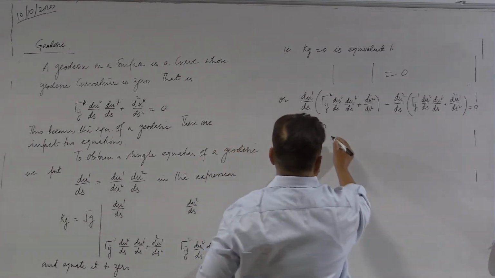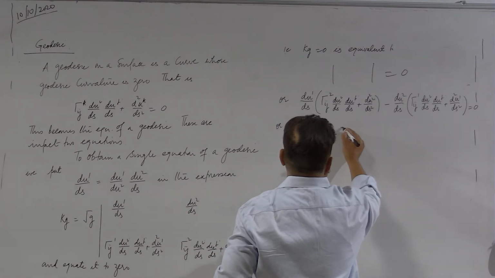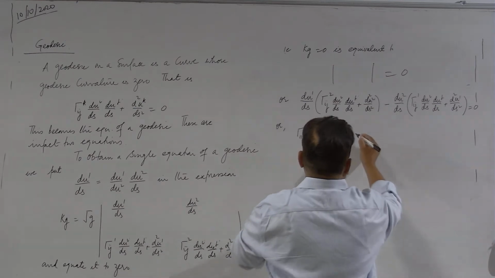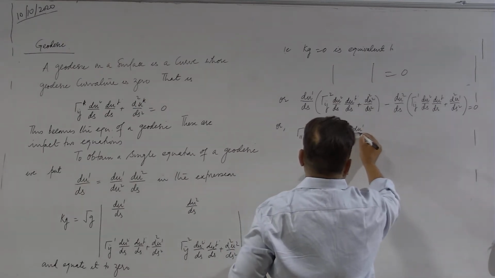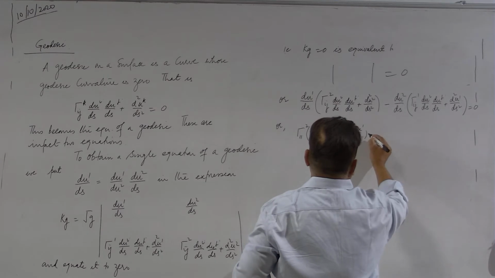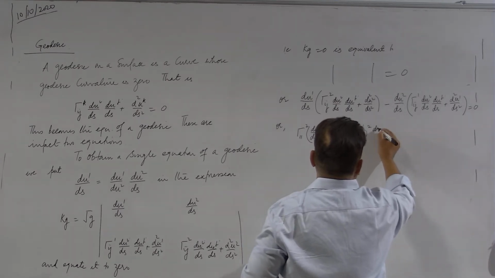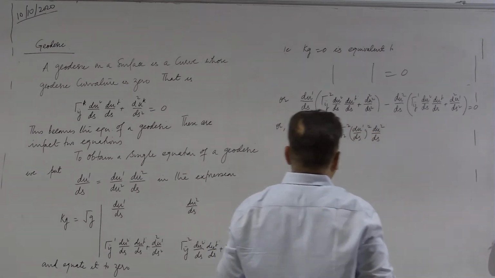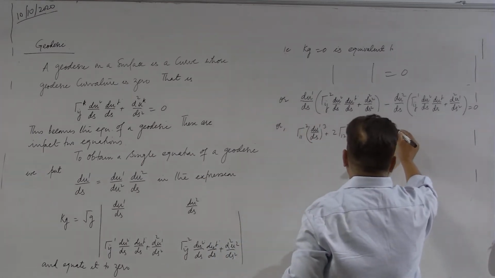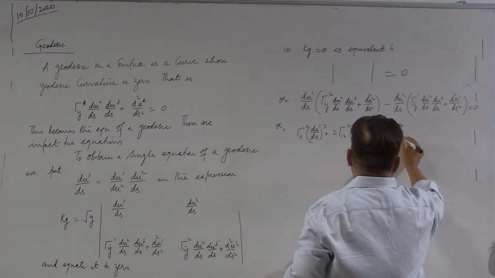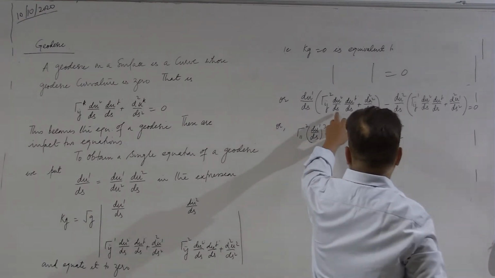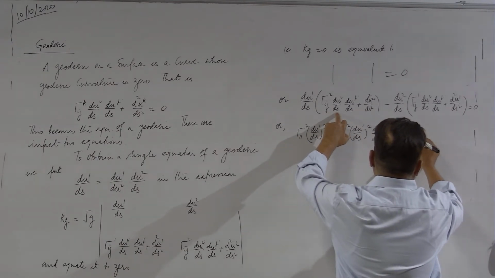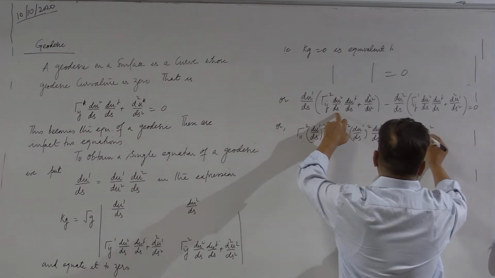And then 2 times gamma 2 12 (du1/ds) whole square into du2/ds, okay, plus gamma 2 22, du2/ds. So, du1/ds from outside into (du2/ds) whole square.